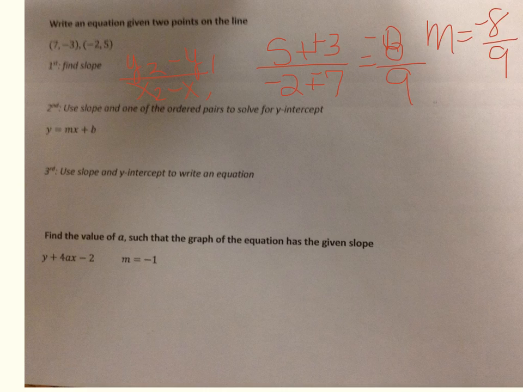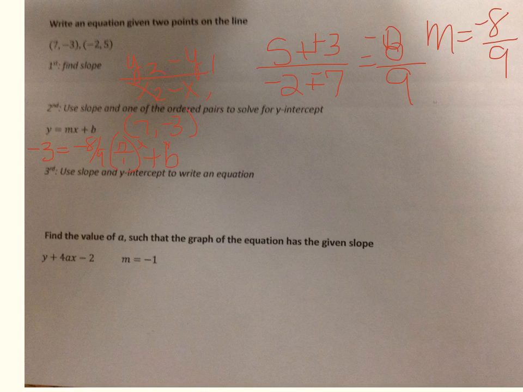Okay? Then I use the slope and one of the ordered pairs to solve for the y-intercept. Let's use the ordered pair 7, negative 3 and see what that does for us. So I'm going to substitute in for x and y. I'm going to rewrite this as negative 3 equals negative 8 ninths times 7 over 1 plus b.